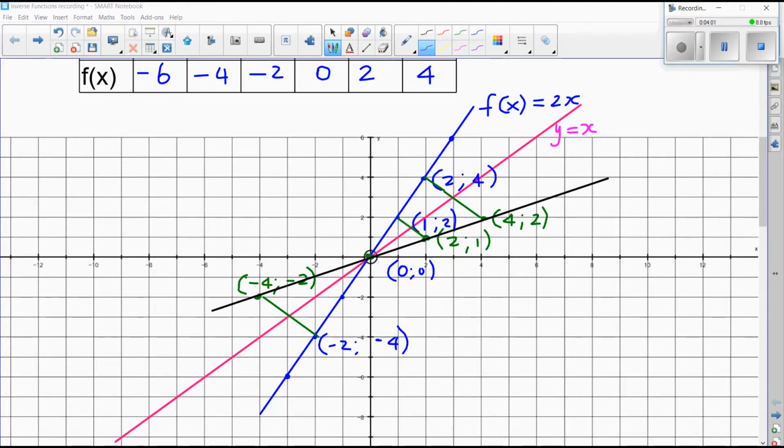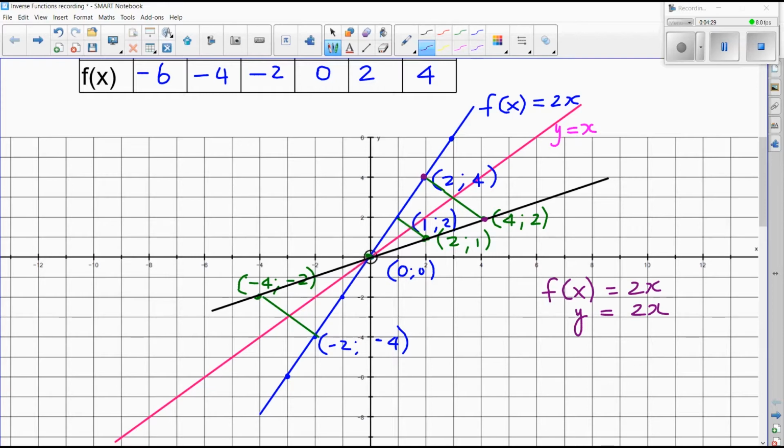We're now going to find the equation of this black line, and we're going to do it algebraically. So we start by saying f of x equals 2x. We're going to rewrite it in the format y equals 2x. You notice that when I had the point 2, 4, and I reflected it in the line y equals x, its image had the coordinate 4, 2.